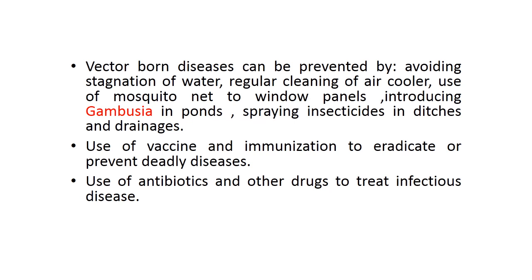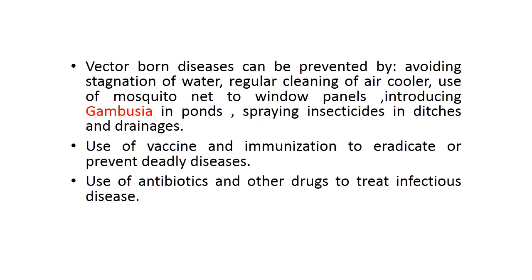Then regular cleaning of household coolers. A cooler is also one of the breeding places for mosquitoes, so it should be cleaned periodically for avoiding breeding of mosquitoes. Then use of mosquito nets. For doors and window panels, mosquito nets can be used for avoiding the entry of mosquitoes.